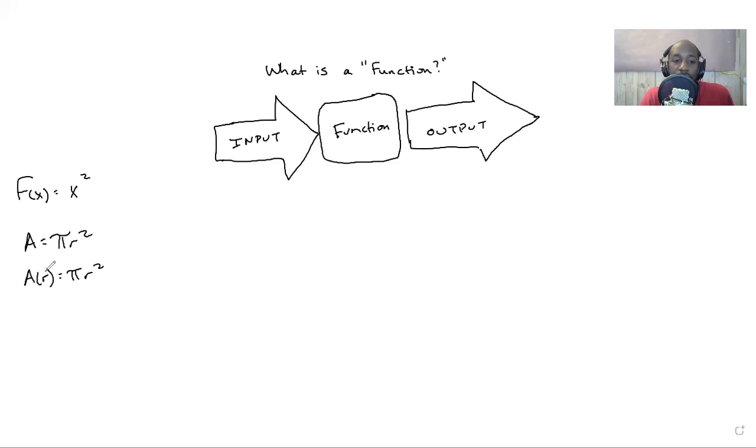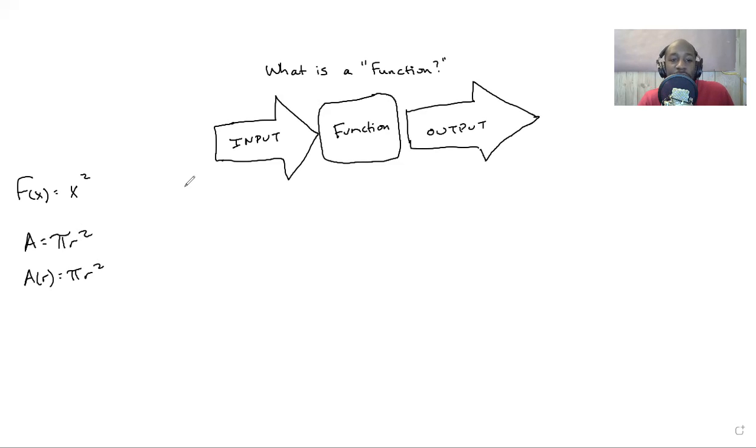So area as a function of radius is equal to pi r squared. It's not a function of pi. Pi is a constant, but your area is determined by the value of the radius. You see what I'm saying? Your area is dependent on the radius value. So you can see that this is really applicable in so many different kinds of things. Again, it's pretty cool.